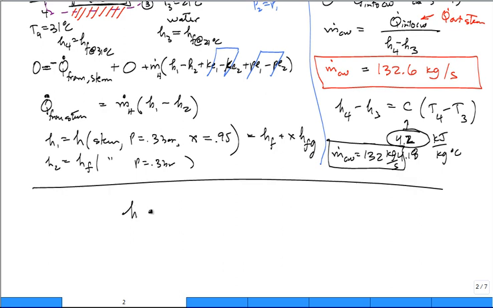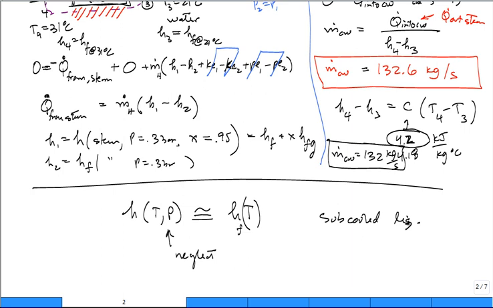So enthalpy is maybe a function of temperature and pressure, but we approximate it as a function of temperature only, and we use the saturated liquid, so we neglect the effect of pressure when we're confident that it's subcooled liquid. Don't try this in the superheated region or two-phase region.